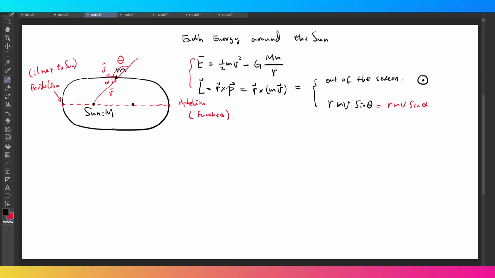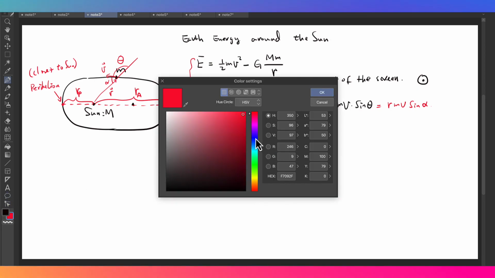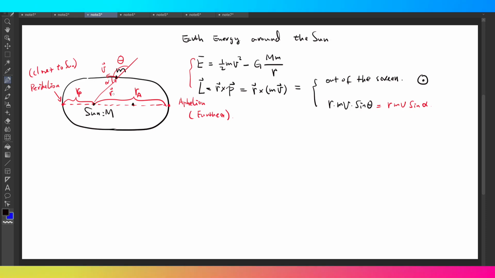Furthest. Okay, so now let's label these two distances. Let's call these RP, perihelion, and this distance here RA, aphelion distance. And let's also use some parameters from the ellipse.